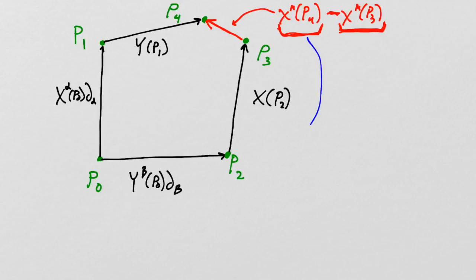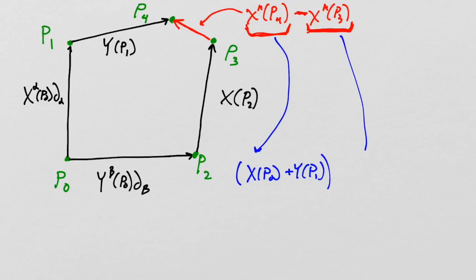All right, so our next step, we'll take this first one, P4, and we'll blow it up. This difference is going to be x at P0 plus y at P1, and this one here is going to be y of P0 plus x at P2. And we rearrange this a little bit.